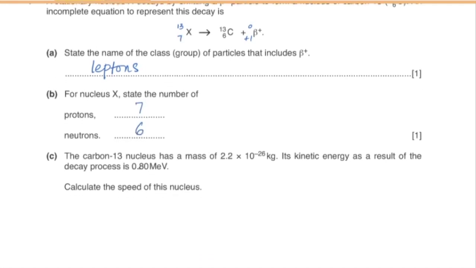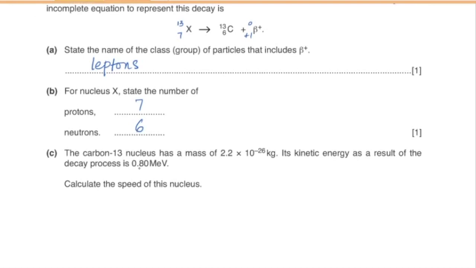Part C, the carbon-13 nucleus has a mass of 2.2 into 10 to the power of negative 26 kilograms. Its kinetic energy as a result of the decay process is 0.8 mega electron volt. Calculate the speed of this nucleus. So kinetic energy is equal to half mv square, where the energy must be converted to joules. So 0.8 into 10 to the power of 6 electron volt.